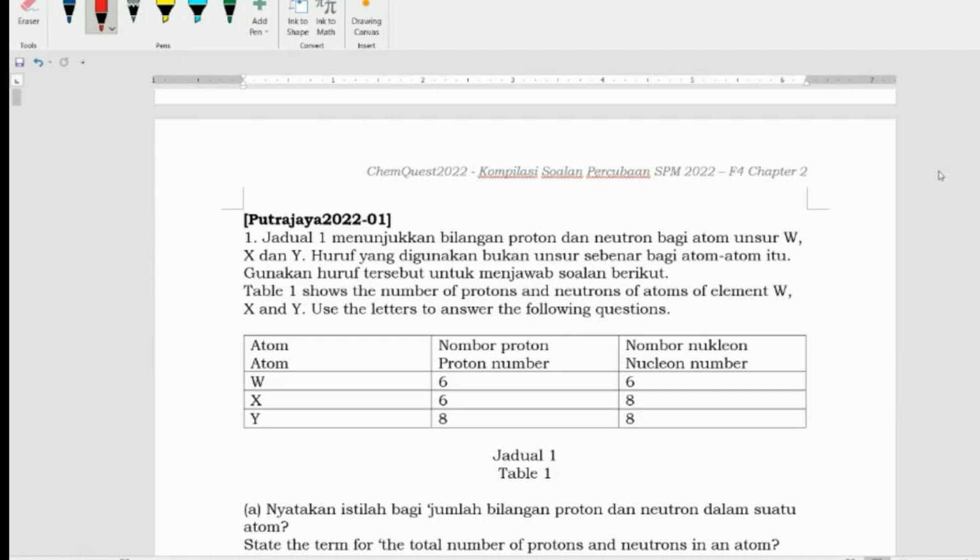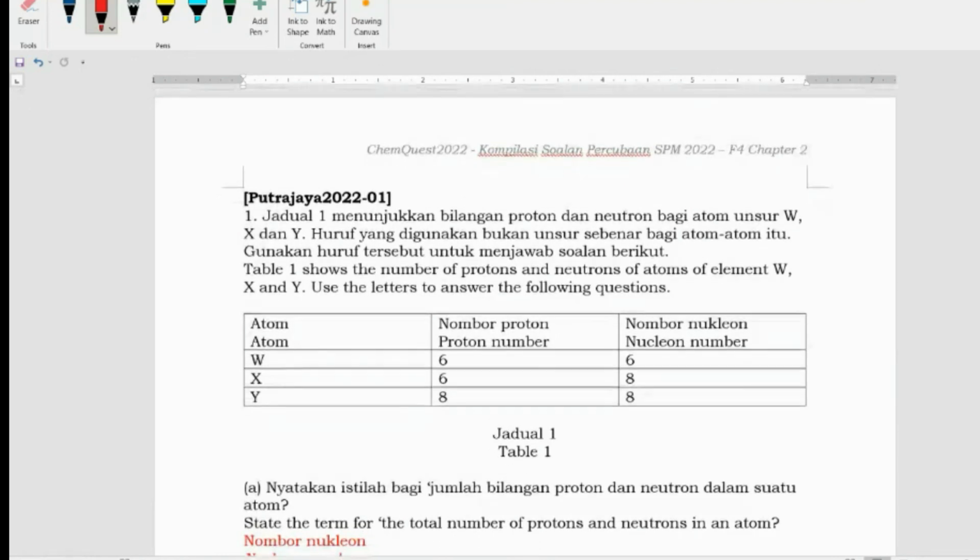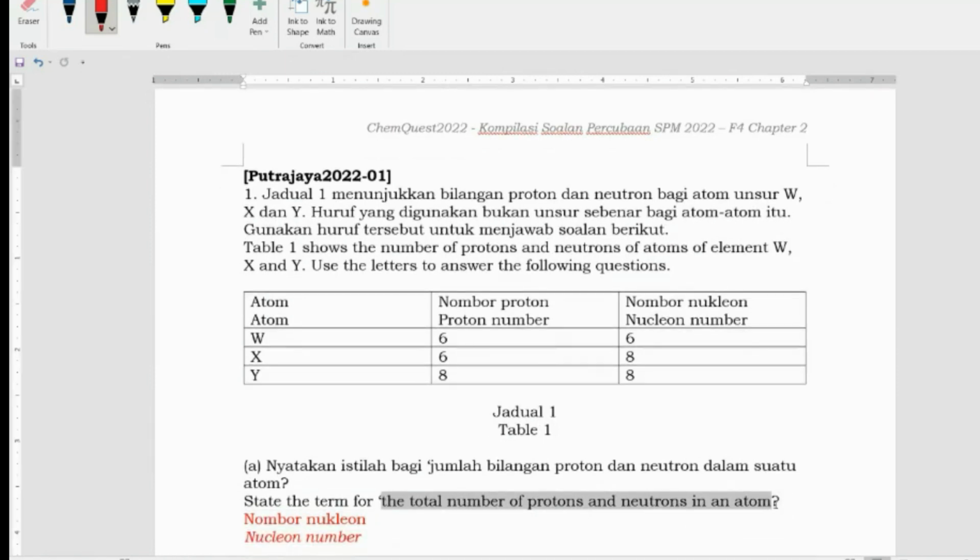So what is the term? Nucleon number. Okay, same, right? Sometimes they ask you to define nuclear number, sometimes they ask you to write the term. Nuclear number. Very good.